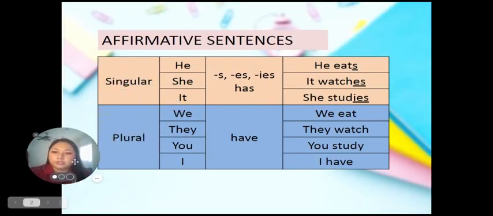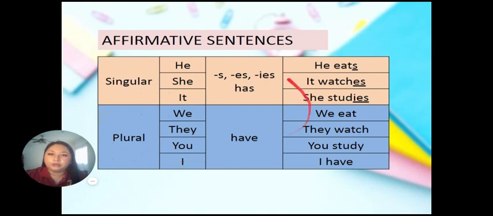Alright, first thing we will see about affirmative sentences. So in affirmative sentences, we have two instances for the pronouns here. The first one is singular and the second is plural. So singular means one, ataupun bermaksud satu.